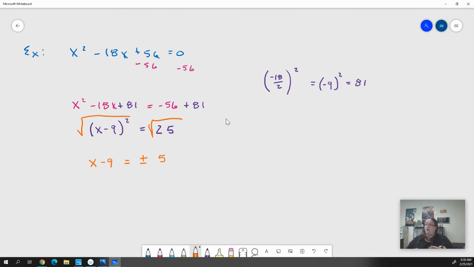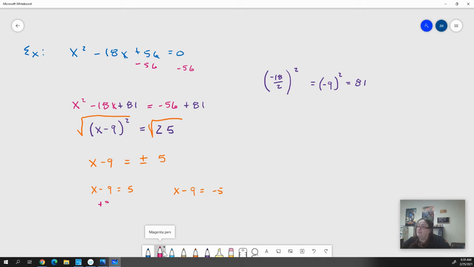Now I can solve, and I'm getting two solutions: x minus 9 equals positive 5, and x minus 9 equals negative 5. I can separate these out, and we're going to get our two solutions just by solving for x.